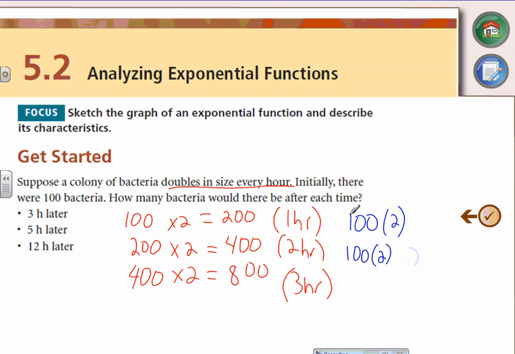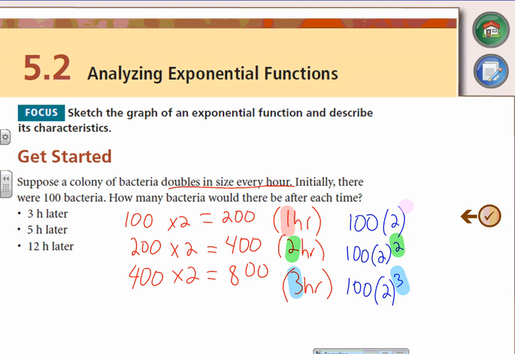Multiplying it by 2 twice is like squaring it. And then in the third hour, we've got the 100 to start with, multiplying it by 2 three times. So it's 2 to the 3. Notice that the first hour is 2 to the 1, the second hour is 2 to the 2, the third hour is 2 to the 3.